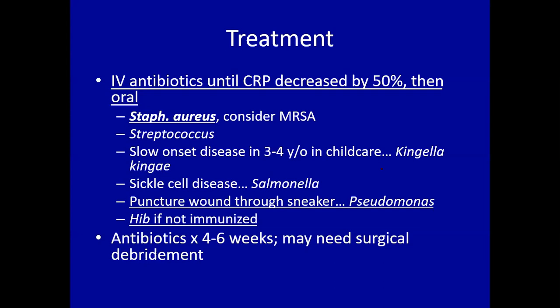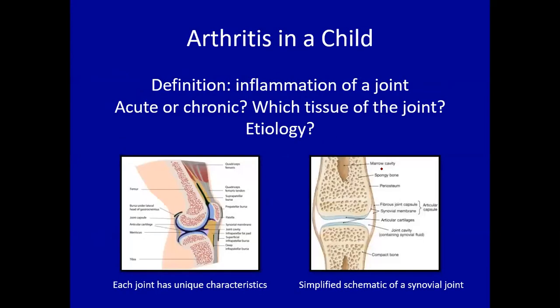However, I would really think it would be great if you looked that up. Puncture wounds through a sneaker, they're more likely to have Pseudomonas secondary to that deep puncture wound. Haemophilus influenzae if they're not vaccinated. So antibiotics inpatient for 4 to 6 weeks, and they may need surgical debridement.